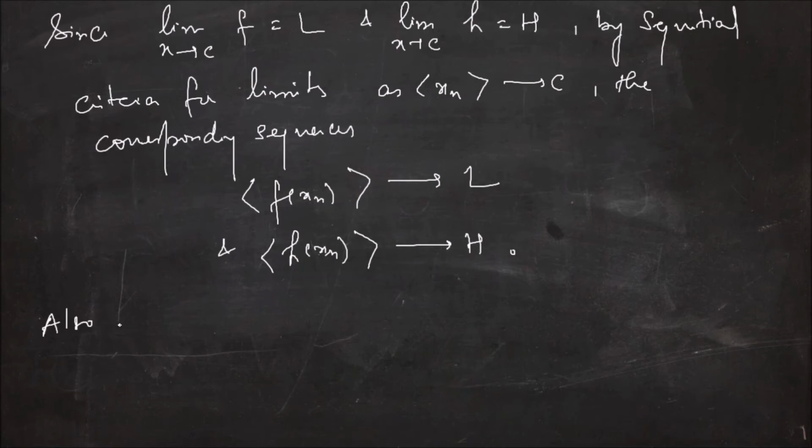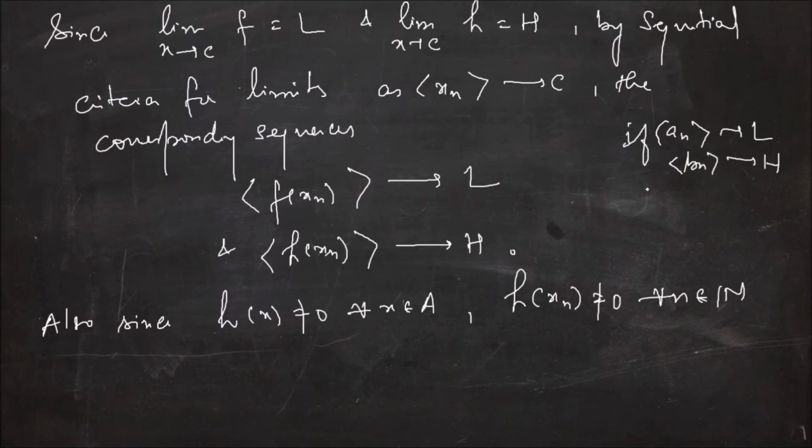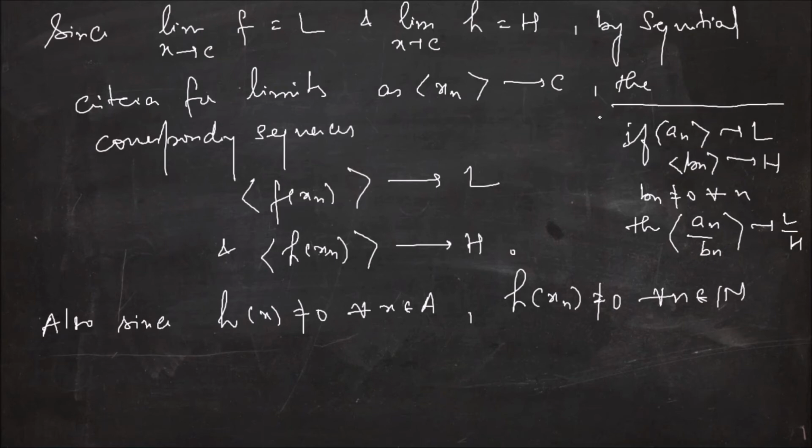Also, since h does not vanish on A, so h(xn) is not equal to 0 for all n belonging to N. So we have two sequences, f(xn) converging to L, h(xn) converging to H, and h(xn) is not equal to 0 for all n belonging to N. So then by using the result, if an converges to L, bn converges to H, and bn is not equal to 0 for all n, then an by bn converges to L by H. So I will be going to use this result.